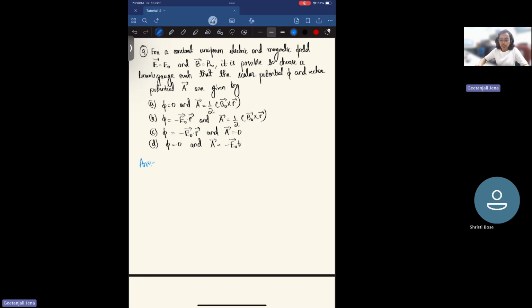So these are constant electromagnetic fields. It is possible to choose a Lorentz gauge such that the scalar potential and the vector potential A are given by the options. So the question is asking: whenever you have a constant electromagnetic field, which of these four options can we take so that it will satisfy the Lorentz gauge condition?